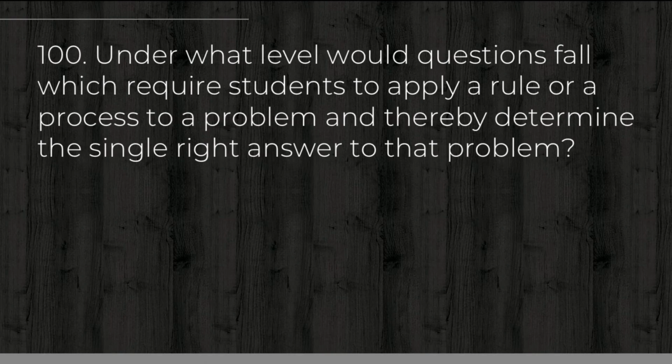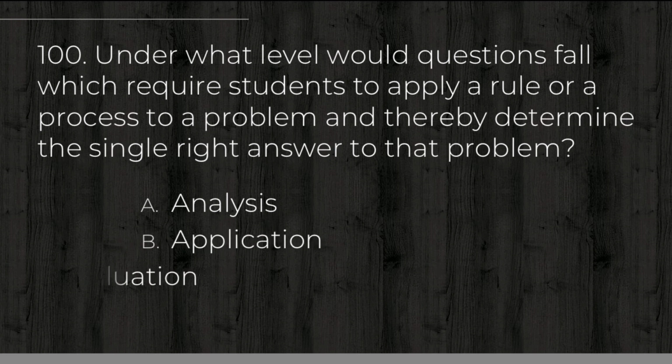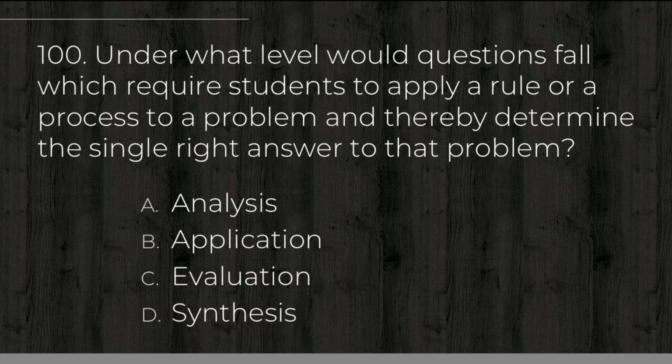Number 100. Under what level would questions fall which require students to apply a rule or a process to a problem and thereby determine the single right answer to that problem? A, analysis. B, application. C, evaluation. And letter D, synthesis. So the answer is letter B, application.